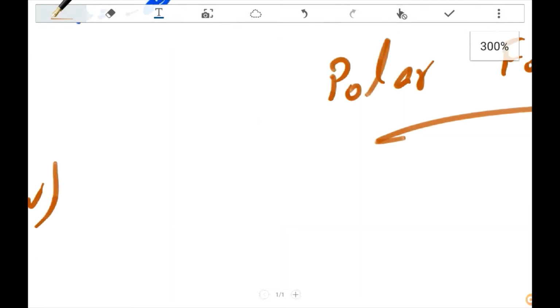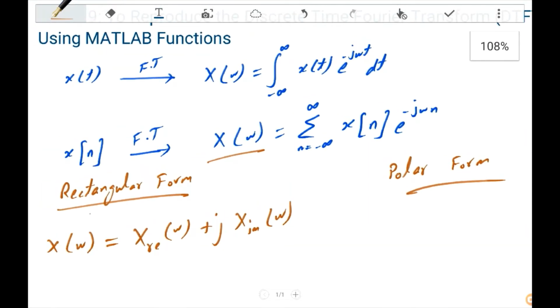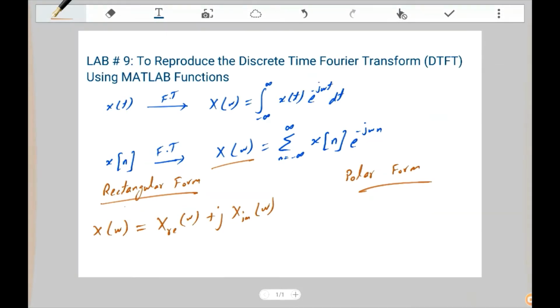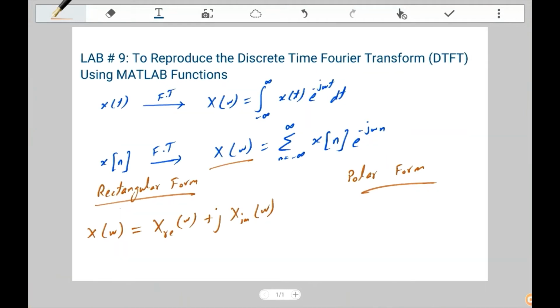Whereas in polar form, it will be represented in the form of its magnitude and phase.